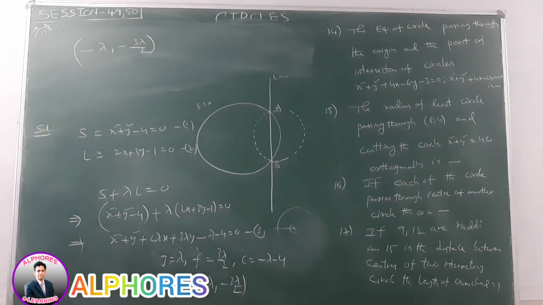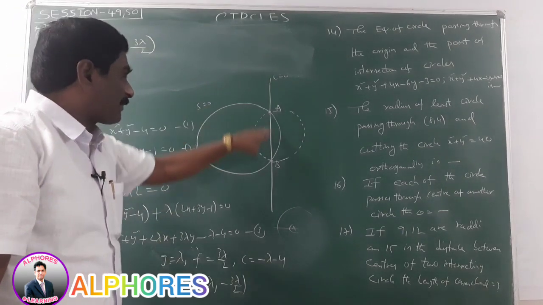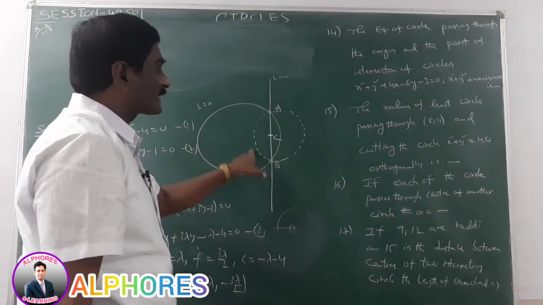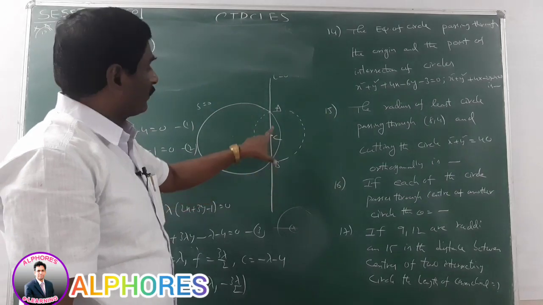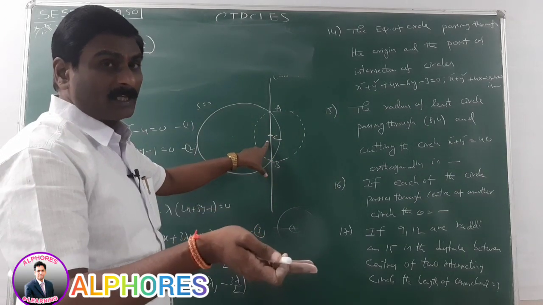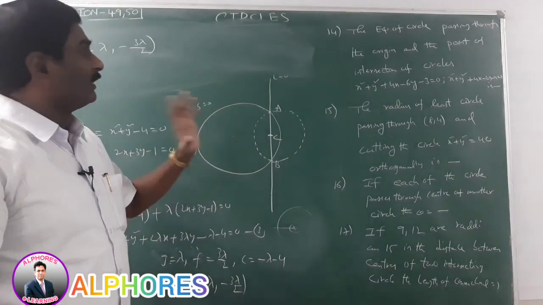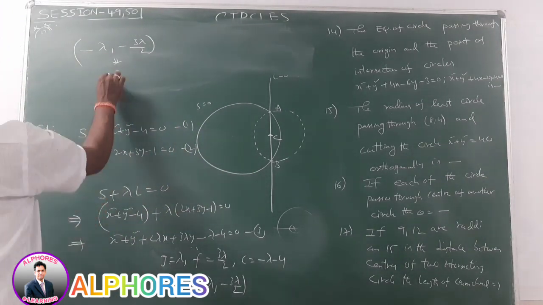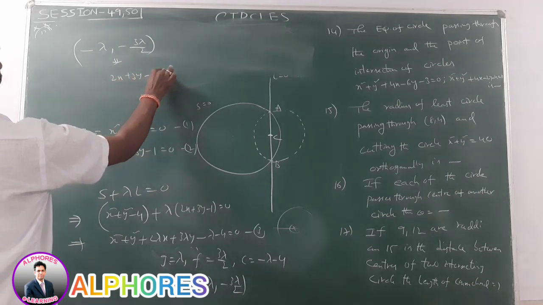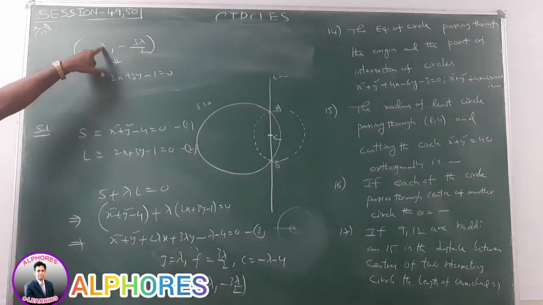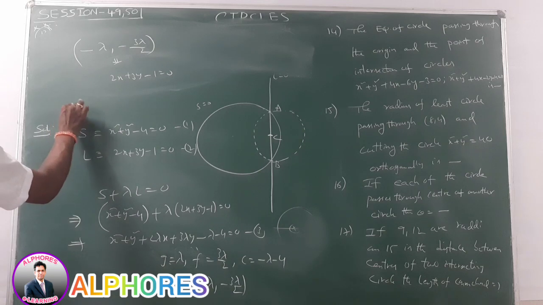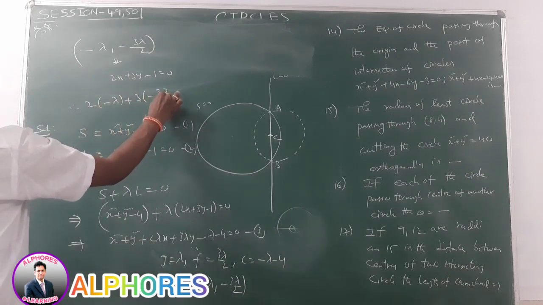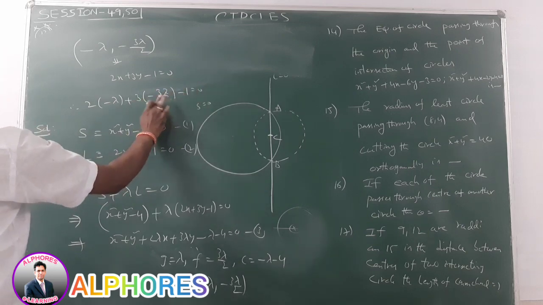But L = 0 is the diameter of the required circle. Please observe this point. AB is the diameter, and diameter means the center must lie on this chord. A chord becomes a diameter when it passes through the center of the circle. So this center lies on the line AB, that is 2x + 3y − 1 = 0. Therefore, 2(−λ) + 3(−3λ/2) − 1 = 0.